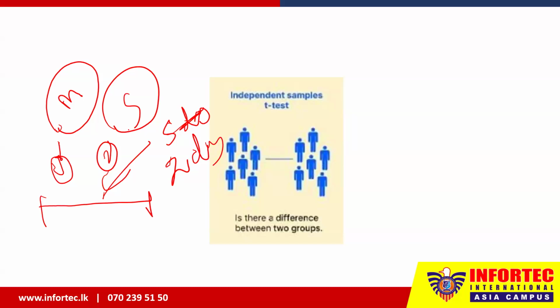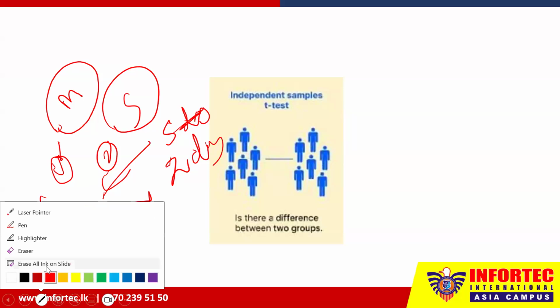But if we are admitted for medical conditions, we belong to the medical ward, and for surgical conditions, we are in the surgical ward. So one patient can't be present in both wards at the same time period, and that's why we consider it an independent sample.